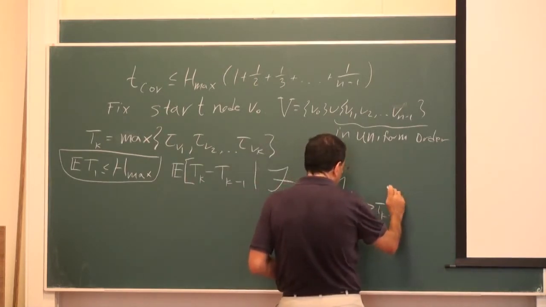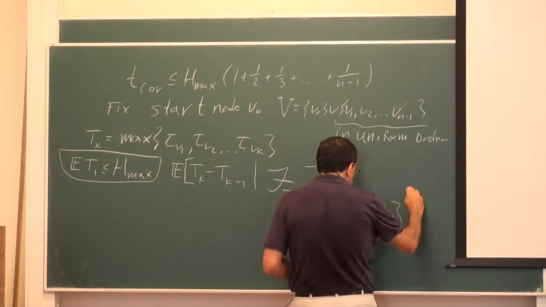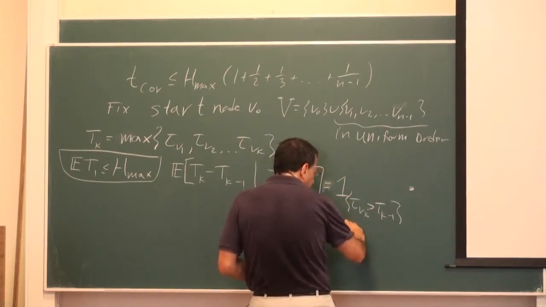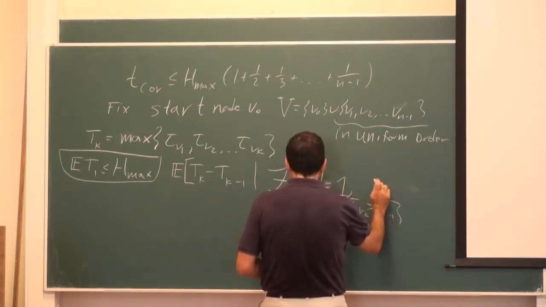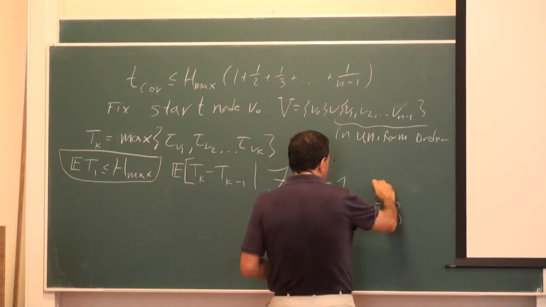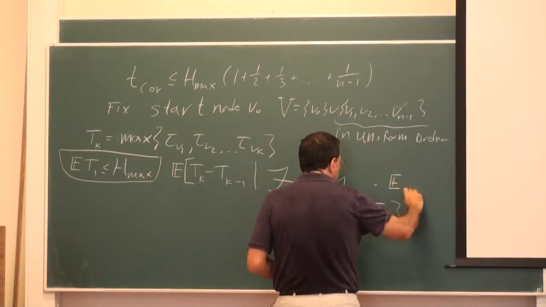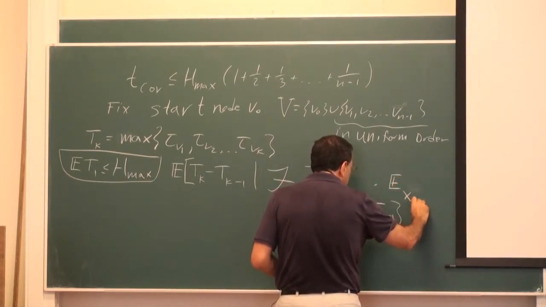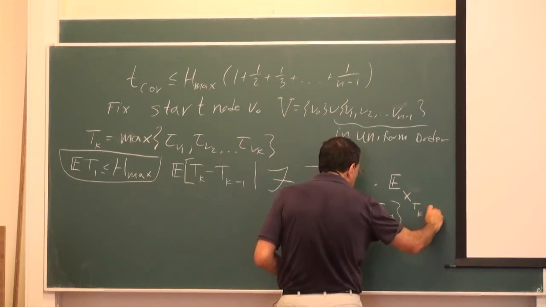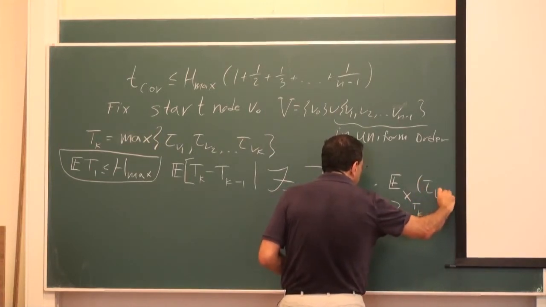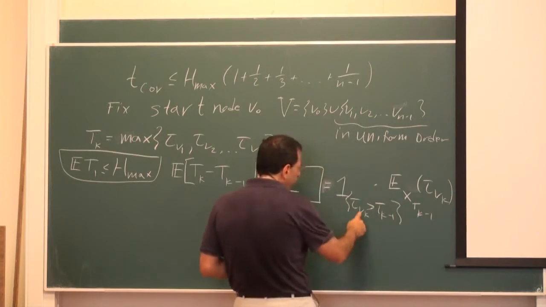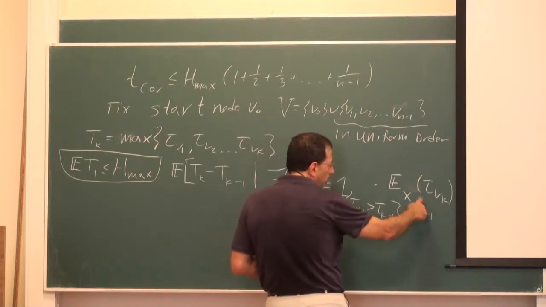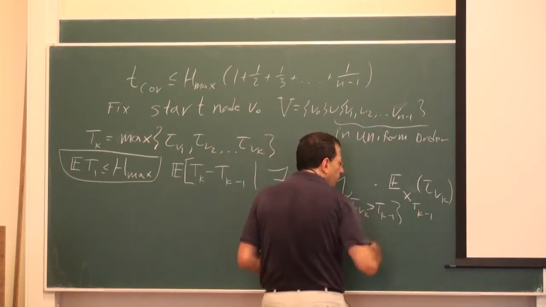So this is this indicator multiplied by the expected time from the vertex we are at, which is x at time Tk minus 1, of Vk. Right? If we still have to visit Vk, then we look at the vertex we are at, and we have to hit Vk.